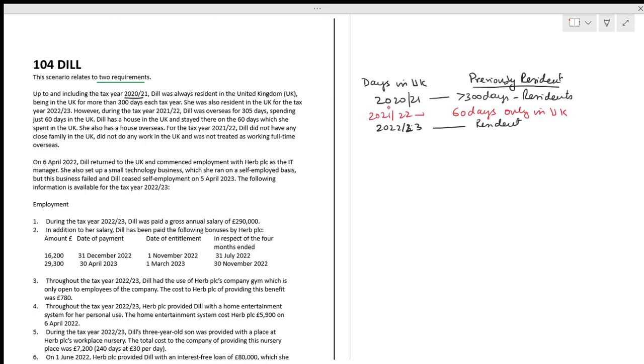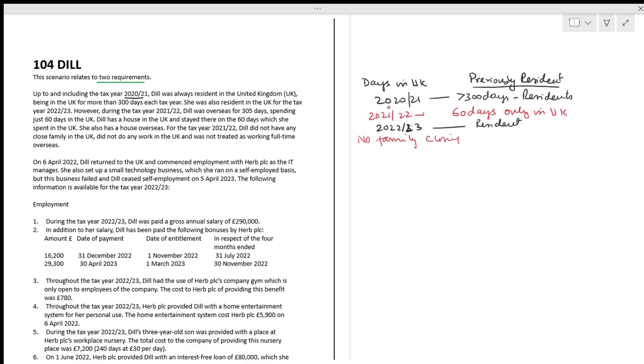She also had a house overseas for the tax years. Dill did not have any close family, no family ties in the UK, did not do any work in the UK, and was not treated as working full time.